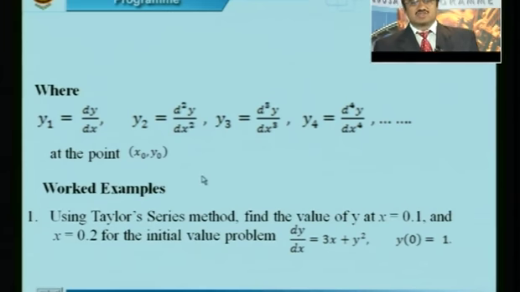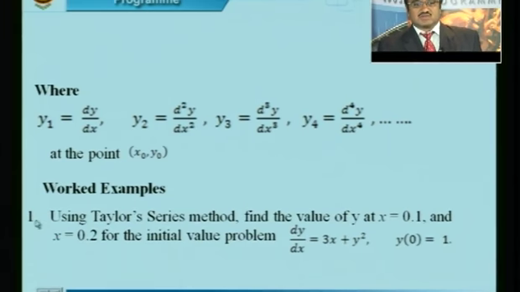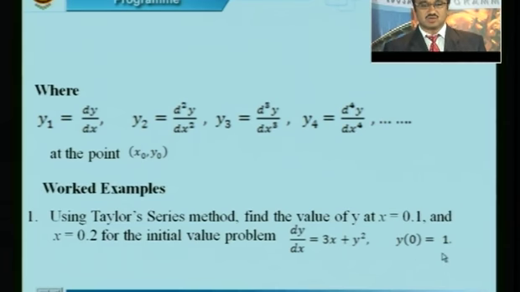Today we are going to solve some problems by using the Taylor series method. So the first problem, a worked example. Using Taylor series method, find the value of y at x equal to 0.1 and x equal to 0.2 for the initial value problem dy by dx equal to 3x plus y square with the initial condition y of 0 equal to 1.